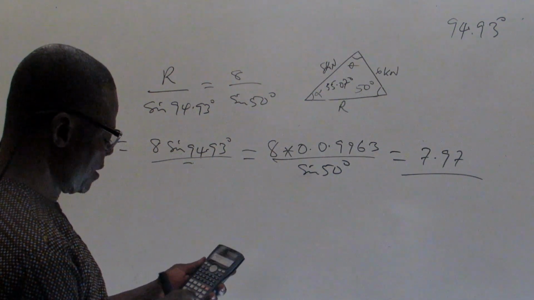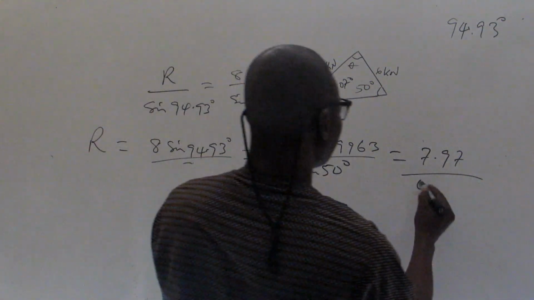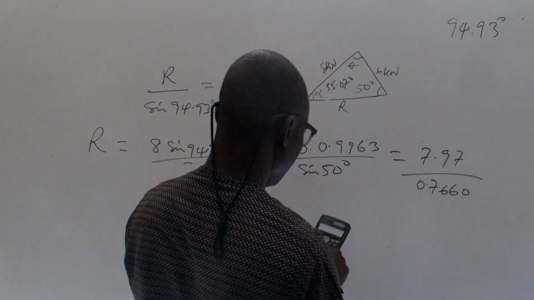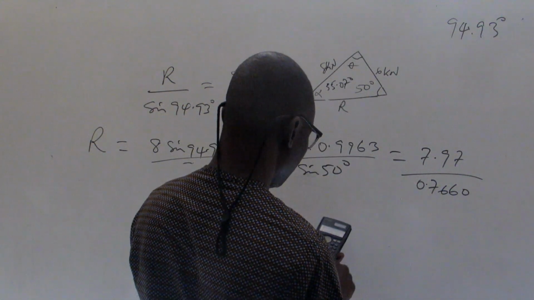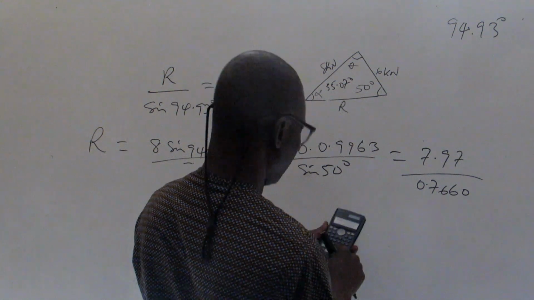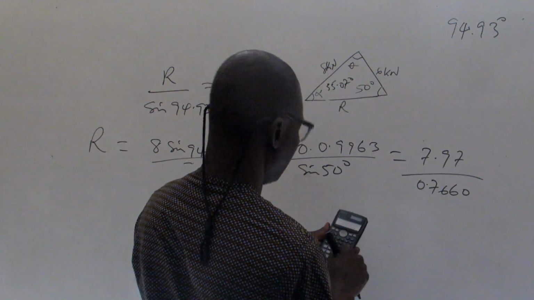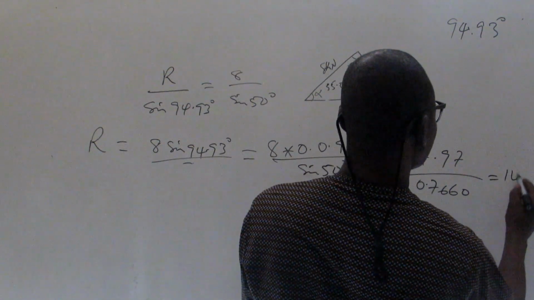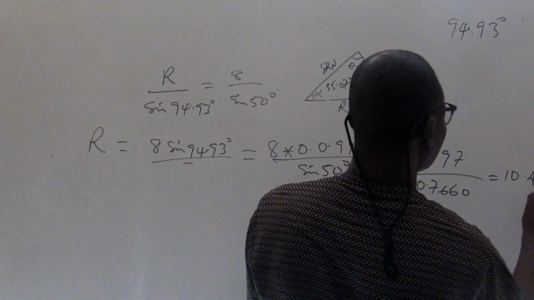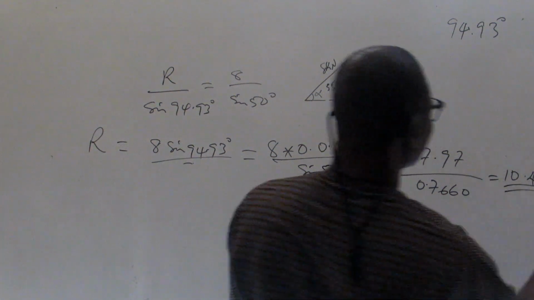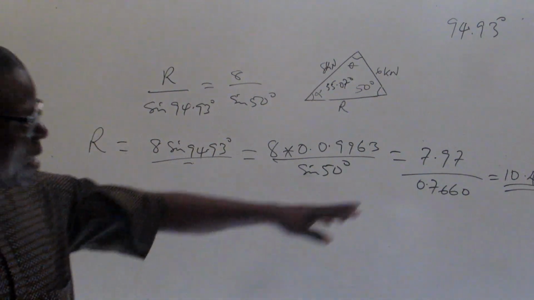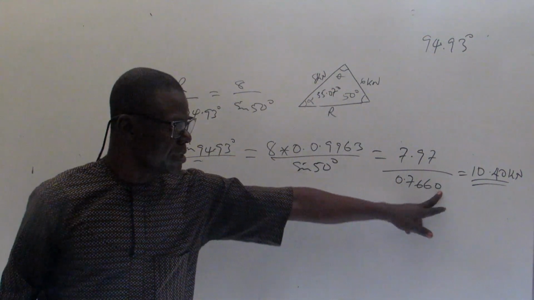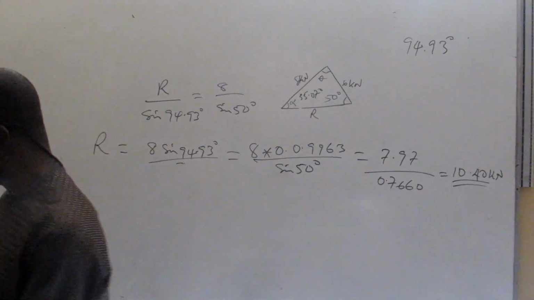Sine 50 degrees gives us 0.7660. This is equal to 10.40 kilonewton. So we have now gotten the value of the resultant, which in this case is 10.4 kilonewton.